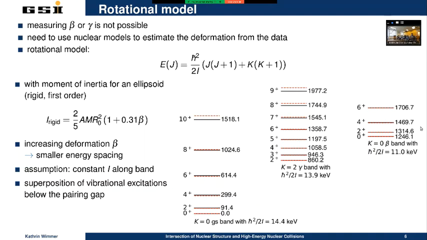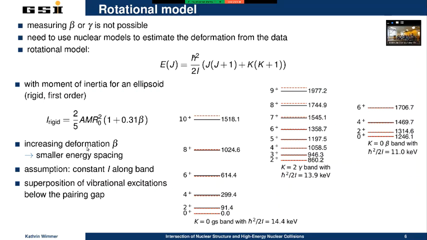And here you can see again experimental data of one nucleus which has 3 different bands which are characterized by different deformation. This parameter I here is the moment of inertia. And if we assume a rigid ellipsoid, then in first order, the moment of inertia can be written as just the mass number, the radius, and the deformation parameter.